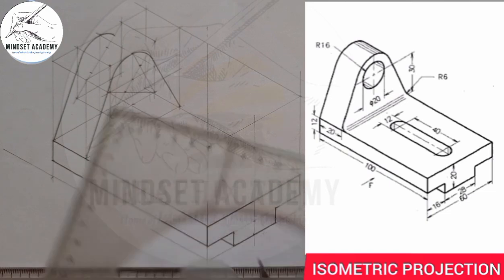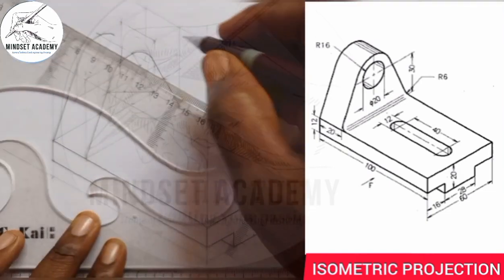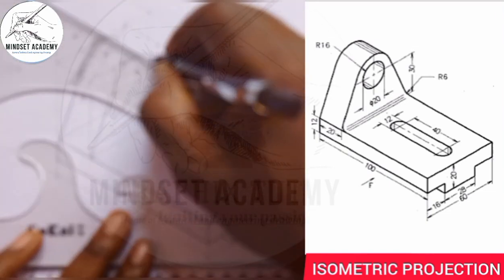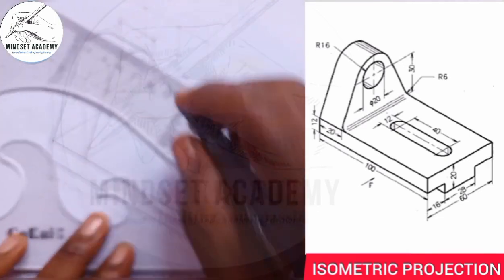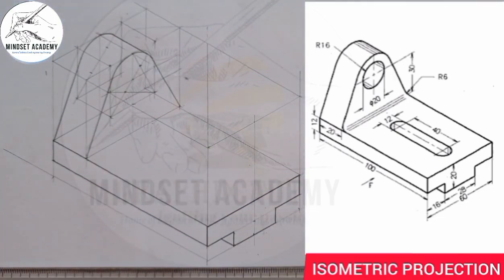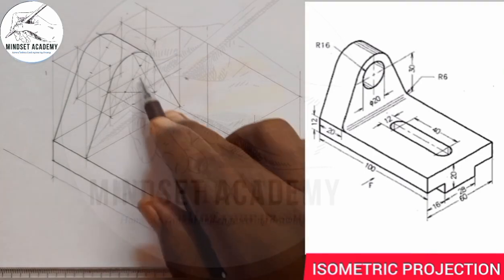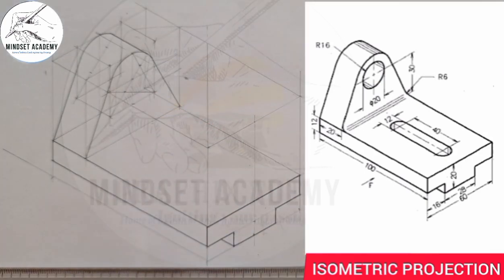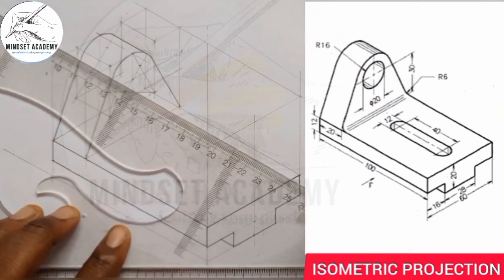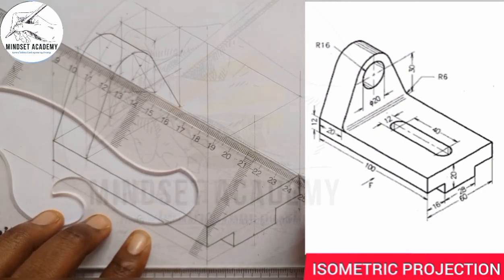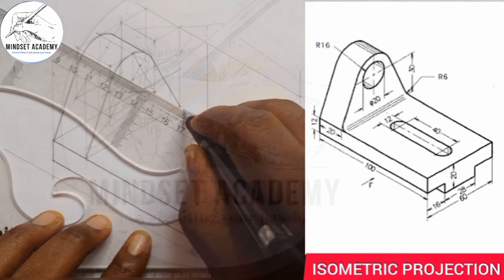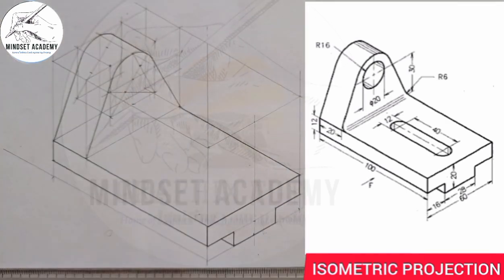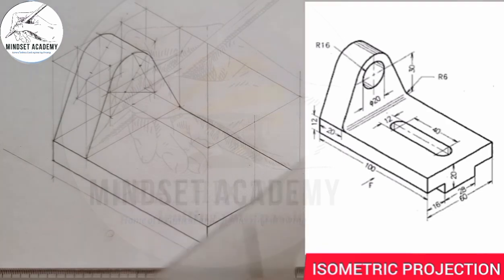I'll join this point here to this point here. You can see that. So the next thing is in between here. There is a circle, right? I can even close it up first of all, and I can also close it up too.